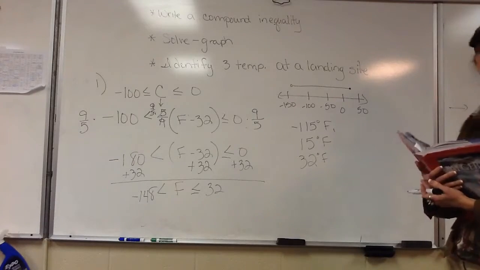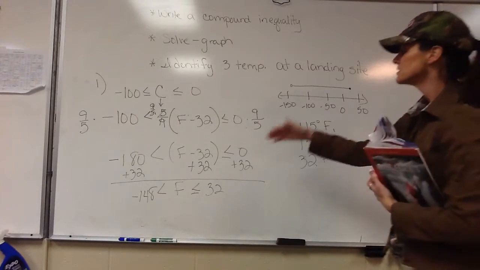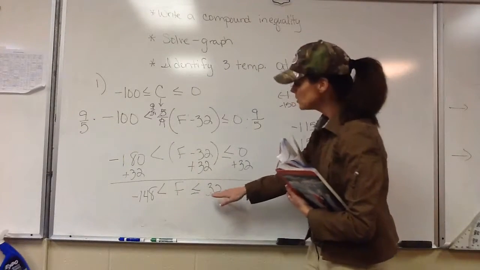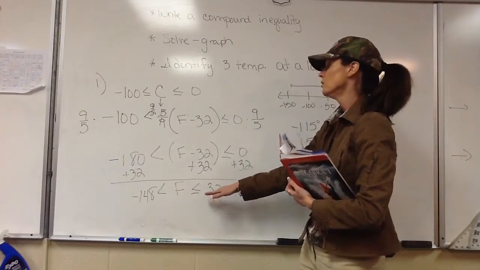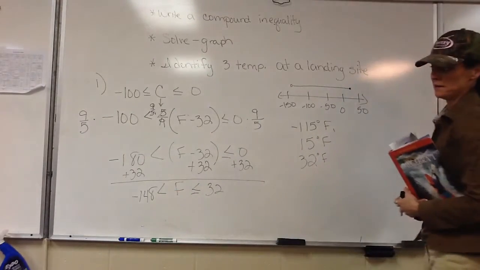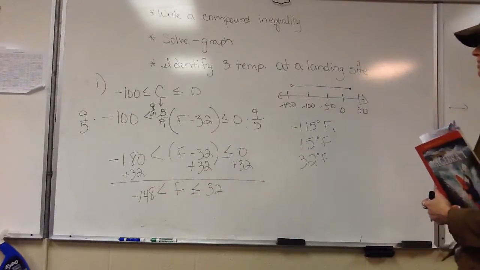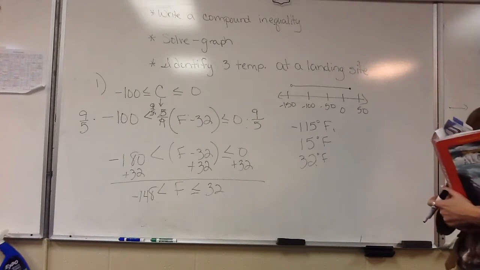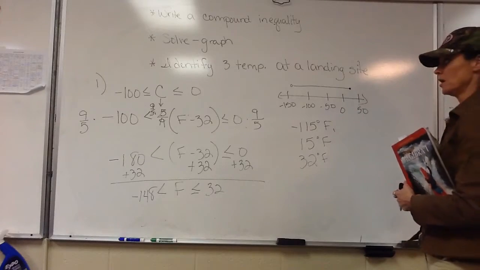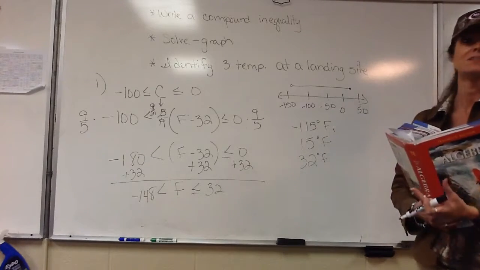Of course, you could have picked three totally different temperatures as long as they fall between these two values, in other words, as long as it's 32 or less and greater than negative 148. So I could have said negative 110, 10 degrees, and 31 degrees, and I still would be correct.